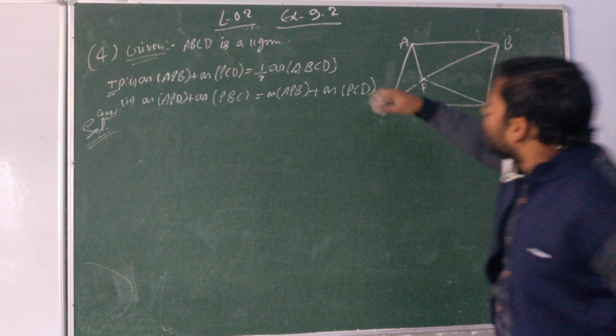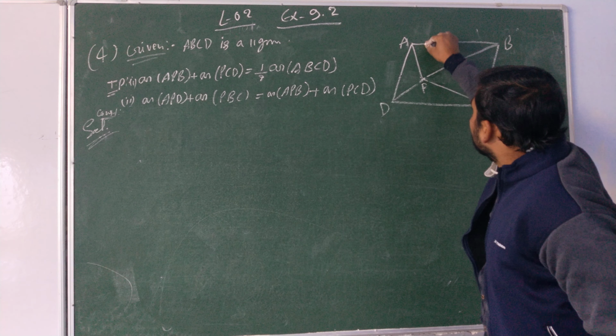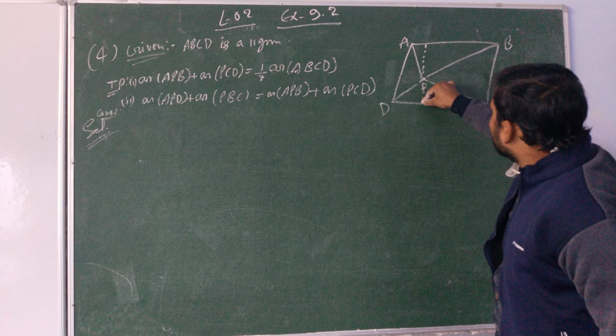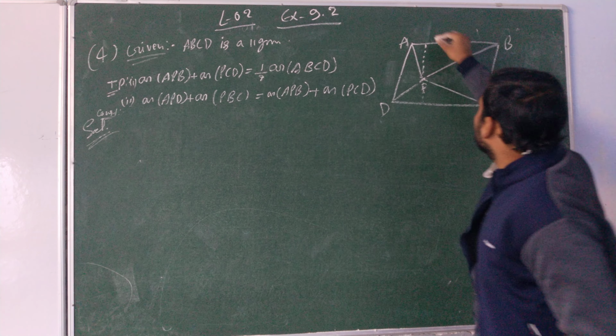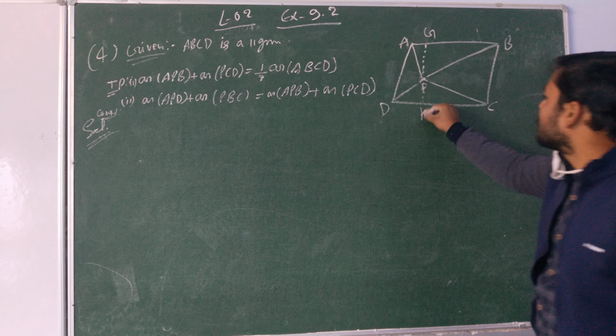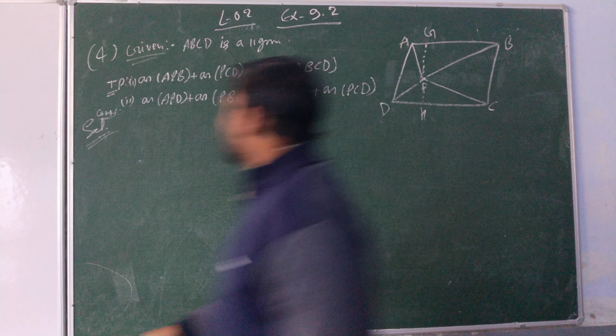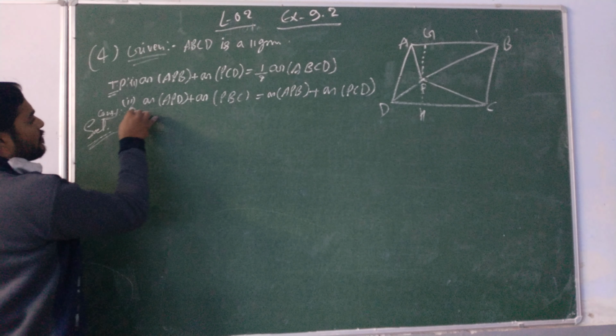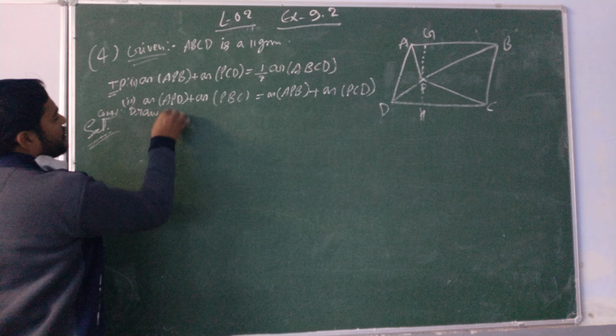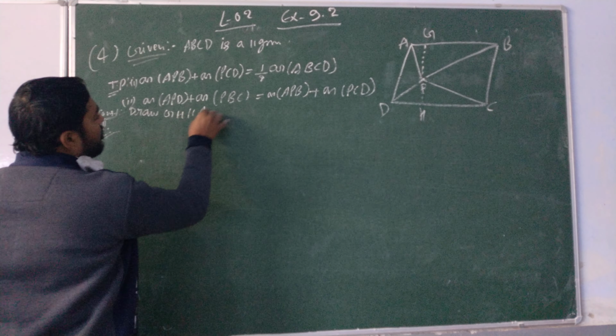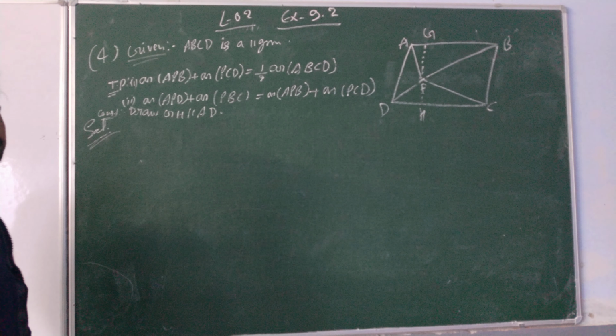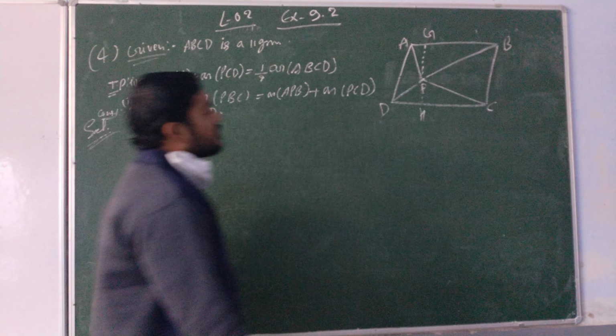For this second part, you have to draw this line EFGH. By construction, draw GH parallel to AD.